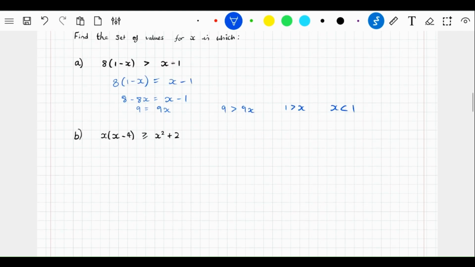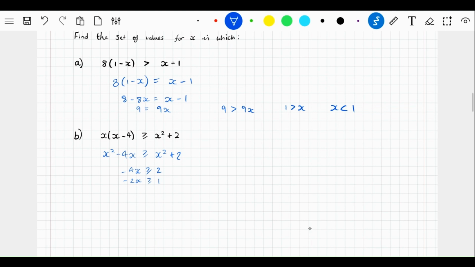Right, so for this next question, there is a quadratic in it, but for the most part, we treat it the same. So if we expand this top bit here, we get x squared minus 4x, and that's going to be greater than or equal to x squared plus 2. Now, if we take both of the x squareds away, because they both cancel, we're left with minus 4x is greater than or equal to 2. And if we divide both sides by 2 then, we're left with minus 2x is greater than or equal to 1.